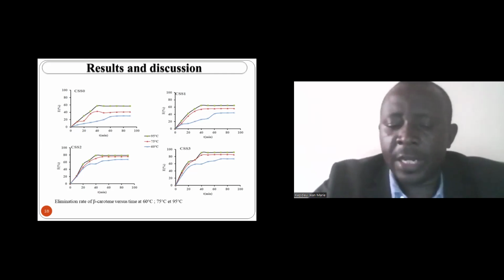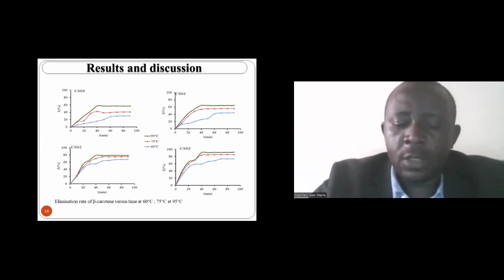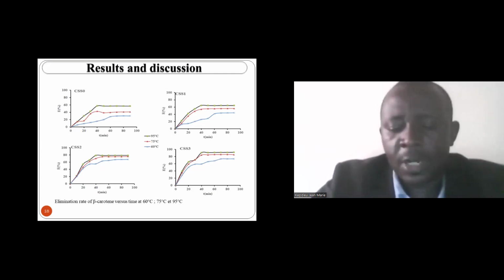And the reduction of time with increasing temperature was also observed by various authors. It can be understood that the increase in temperature results in less viscosity of the oils and rapid diffusion of the beta-carotene.